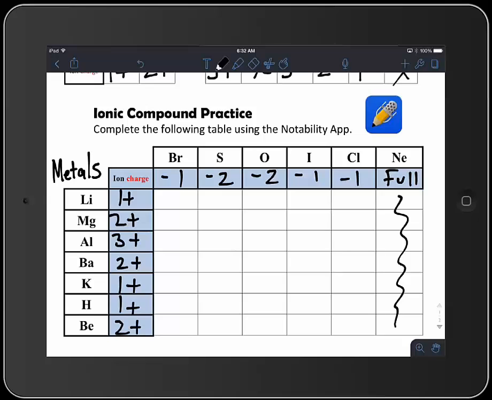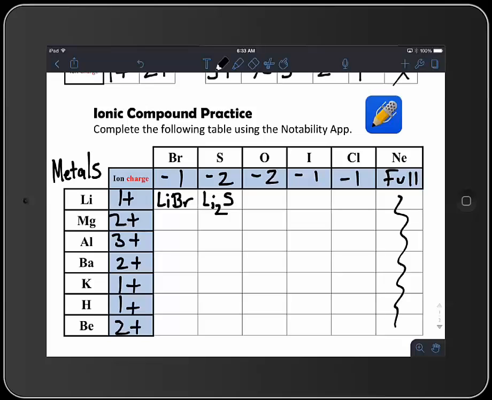Then I just start combining my metals with the nonmetals, and I'll do one row across just to get you started here. So LiBr, and since it's 1 and -1, those are already going to cancel out, so I don't have any balancing to do. On LiS, I have 2 of the lithiums, so I need to put a 2 on that one.